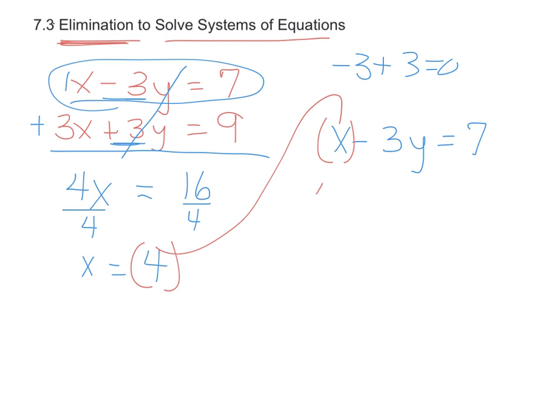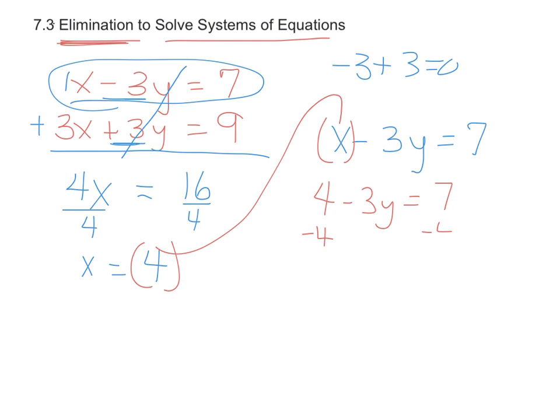Once I have this, I have to use substitution to finish. So I go back and grab one of the original equations. I'm going to do x minus 3y equals 7. And I've got to substitute in, the x is 4, so 4 minus 3y equals 7.